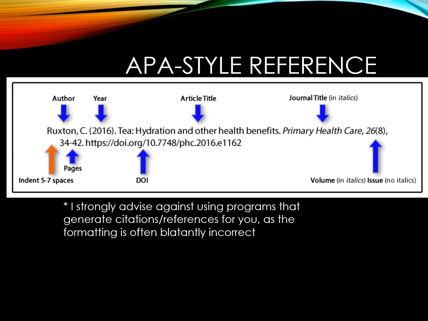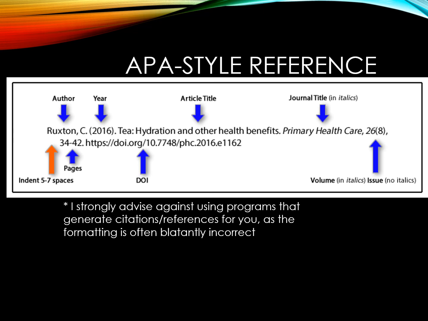publication. Okay, so when you cite the author in your reference, you're going to do the author's last name followed by a comma and their first initial. If there's another author, then you would include a comma after the period and include the second author's last name followed by a comma and their first initial.